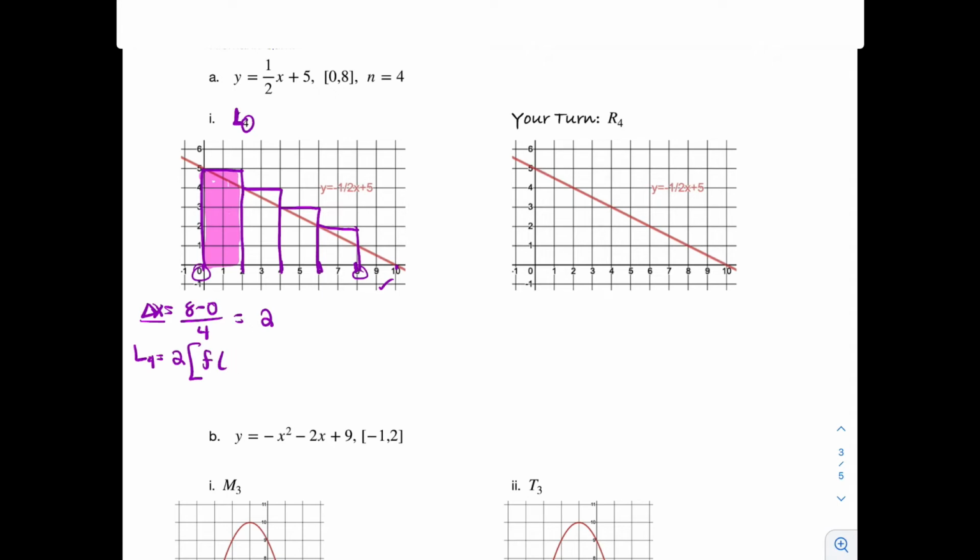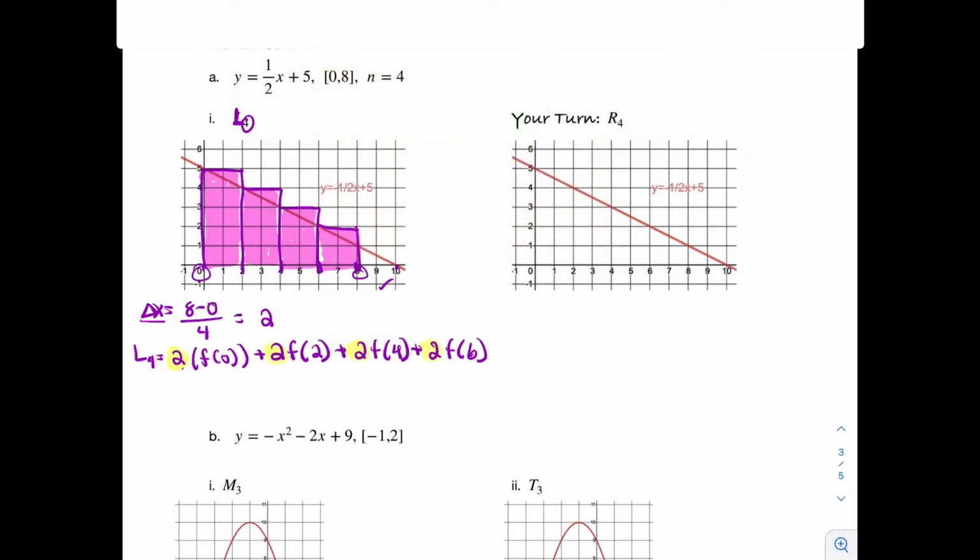We need the height, and the area of our next rectangle we find by taking 2 times our function value at f of 2. And for a third rectangle, we take our delta x, which is 2, times our function value at our left endpoint of 4. And for the last rectangle, we take our delta x, which is 2, times our function value at our left endpoint, f of 6.